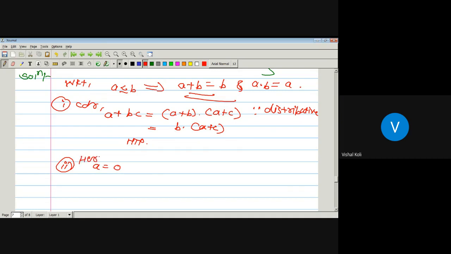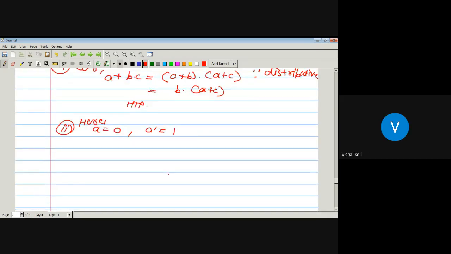Now the second one: we are given A equal to 0. Then the complement of A is 1, since 0 and 1 are the unique complements in any lattice.